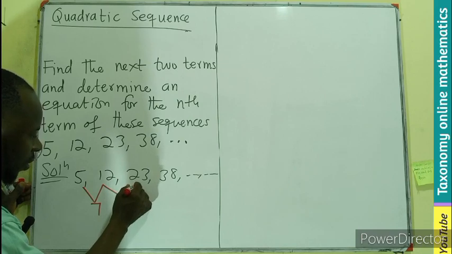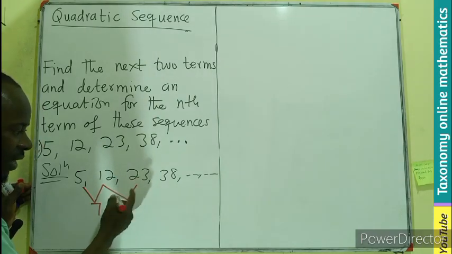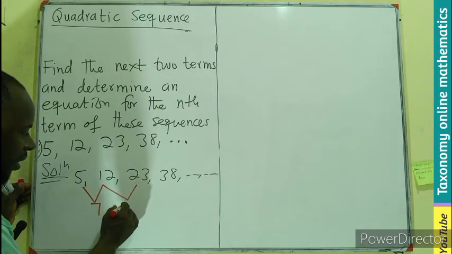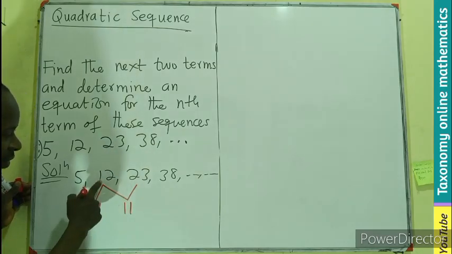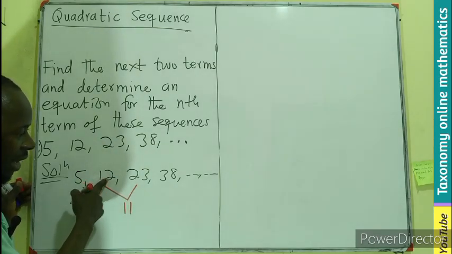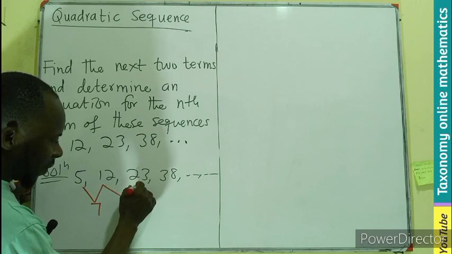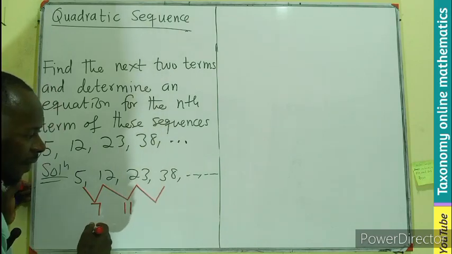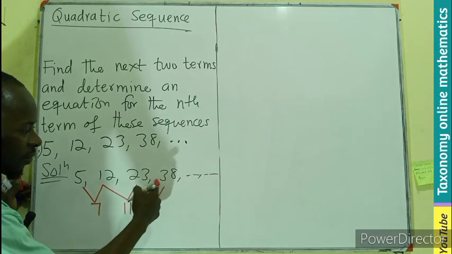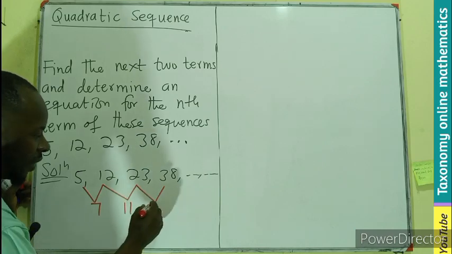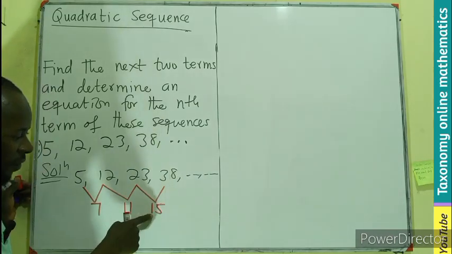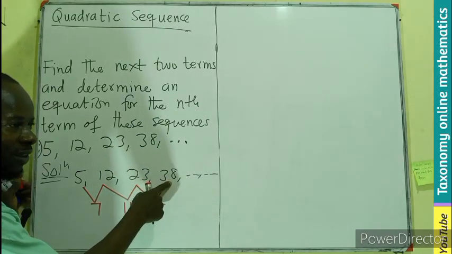Between 12 and 23, the difference is going to be 11, right? If I add 11 to this, I will give rise to this. Then let's see the difference here. If you subtract this from this, you'll have 15, meaning 15 plus this gives rise to this.